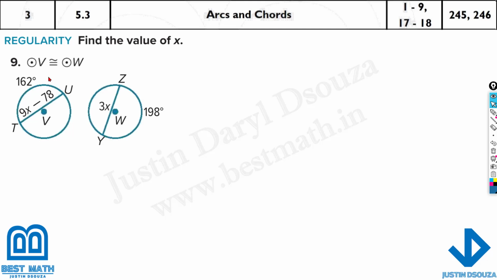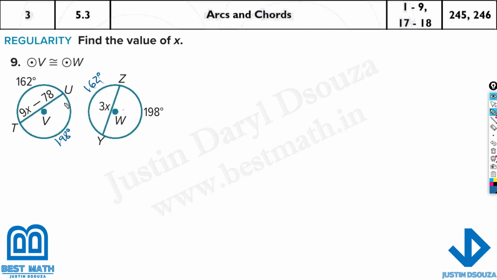Now here, if you view carefully, they have told this chord and this chord look equal, but they have not given the angles. They have told the circles are congruent, but still we need this arc to be equal to the other, right? So the total is 360. If this is 198, what is the remaining? From 200 to 360, it's 160, and 2 to 200, so it's 162 degrees. Yes, this is equal. Or if you do 360 minus 162, it will be 198 degrees.